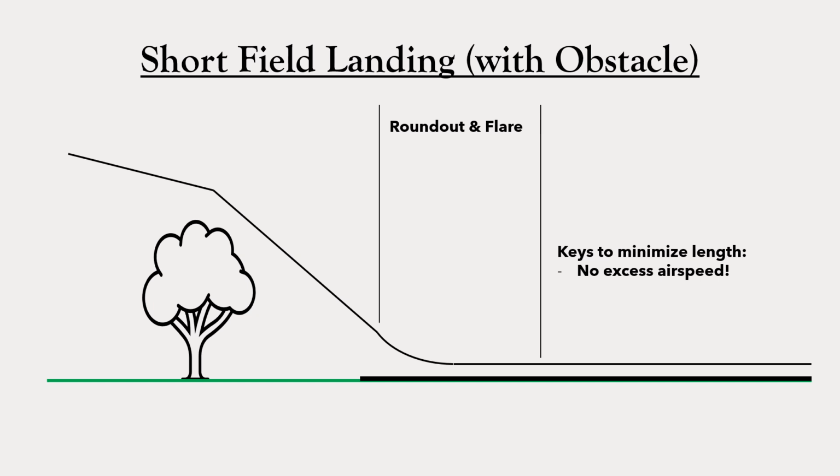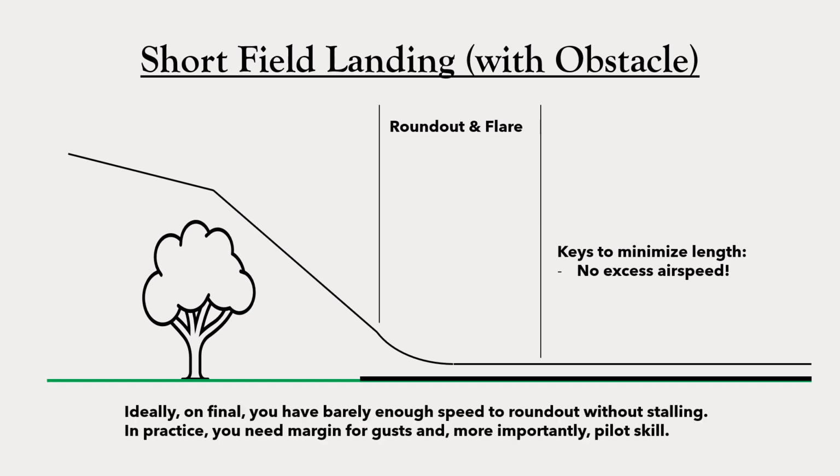During the round out and the flare, the things that will minimize the length, the main thing is not having excess airspeed. If you have too much airspeed, then you get into that flare and you float and float and float. We want to avoid that situation. So in an ideal world, you would get to the point of starting your round out with barely enough speed to make that round out without stalling.